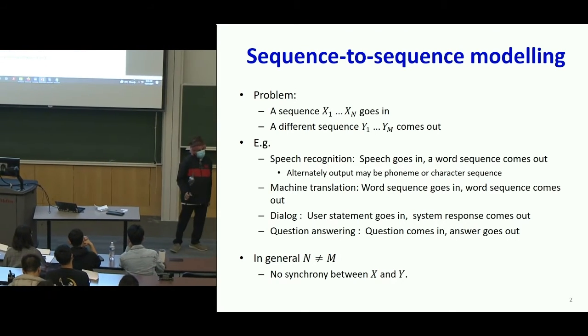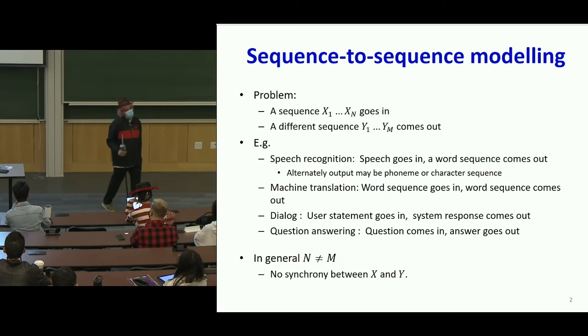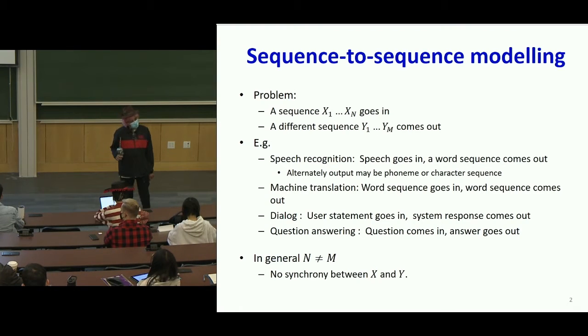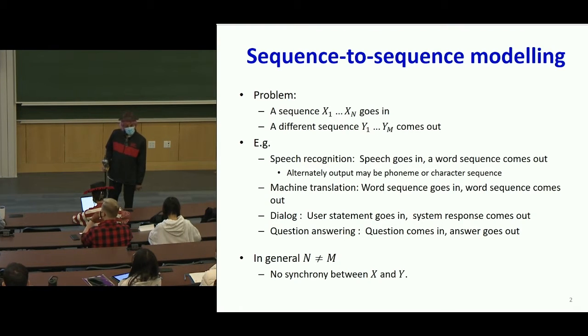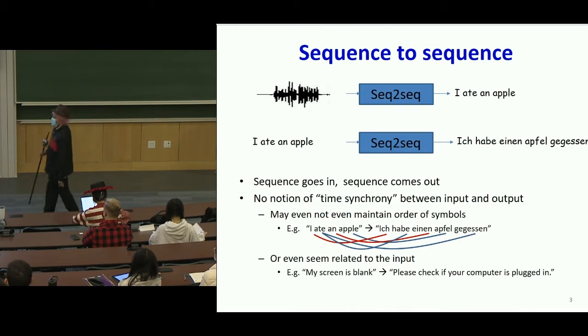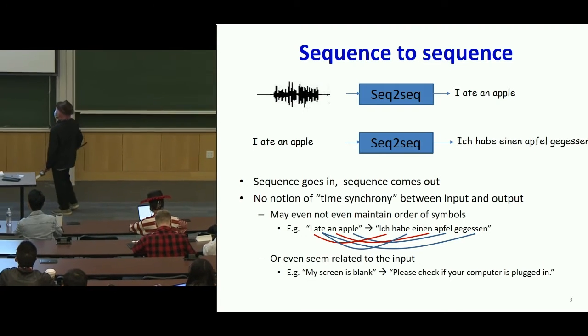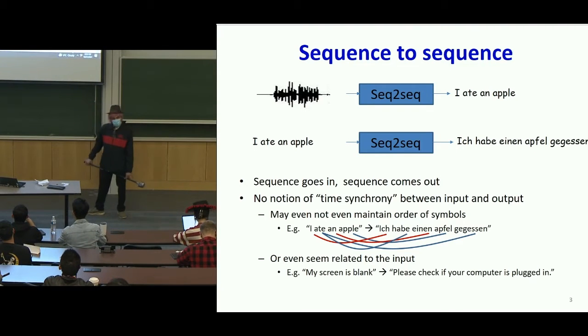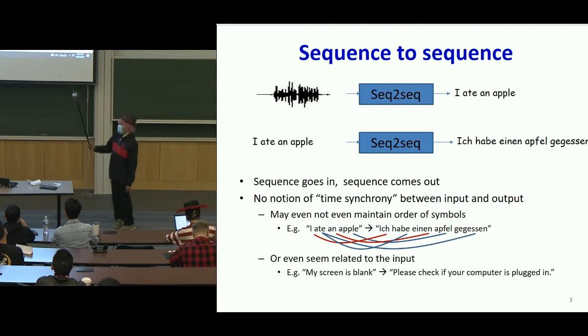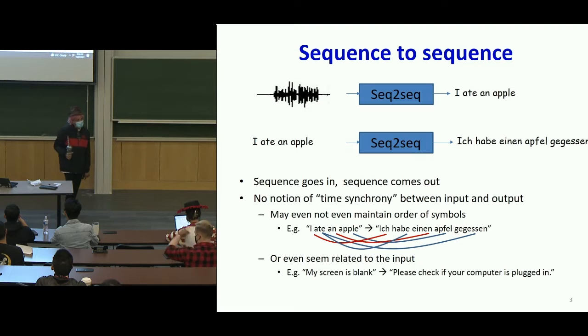Now, in general, you cannot assume that the number of symbols going in is the same as the number of symbols coming out. So there are two different settings here. The first is one where you have order synchrony. For example, in the first problem, speech goes in and the recognition output comes out: I ate an apple.